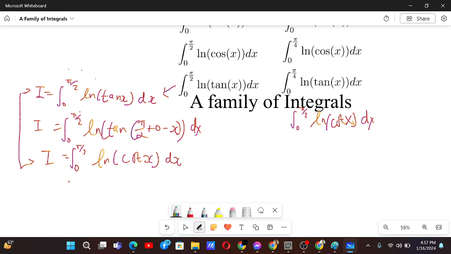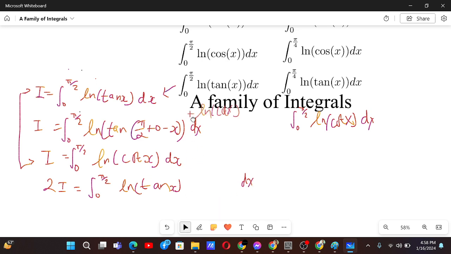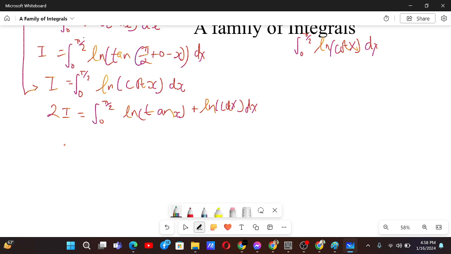If we add these two, we have 2I equals the integral from 0 to pi by 2 of ln tan x plus ln cot x dx.